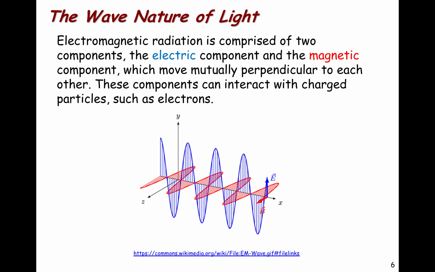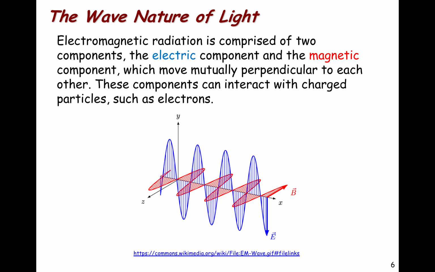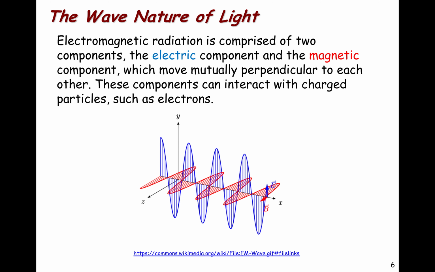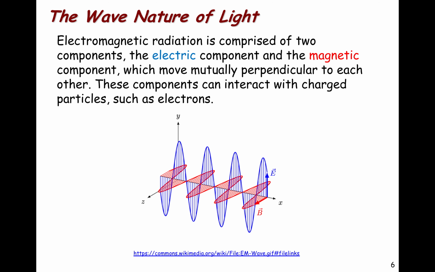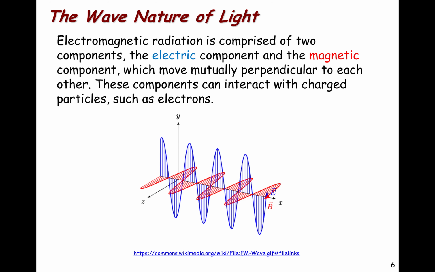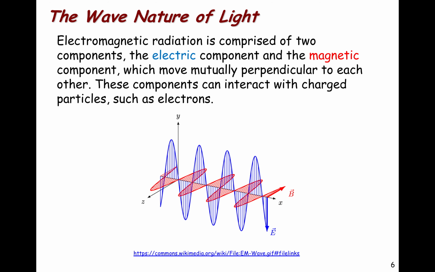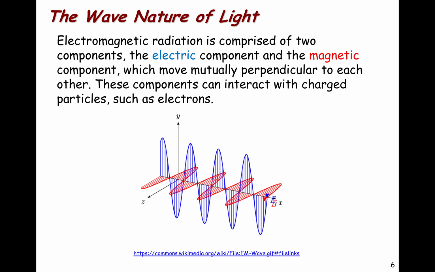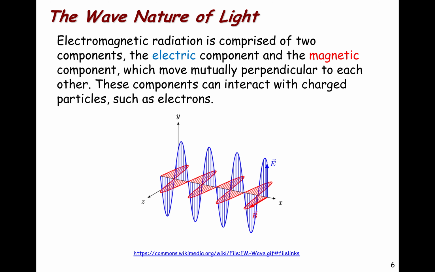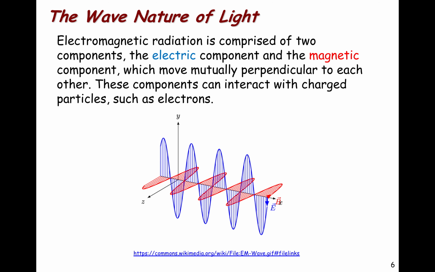Shown here is the graphic which represents electromagnetic radiation. In this case, light has two components, an electric component and a magnetic component. The electric component is represented by the blue wave, which is moving along the x-axis.